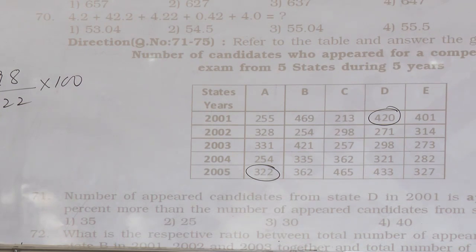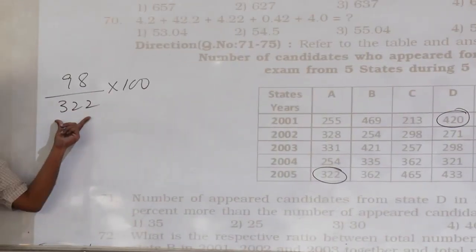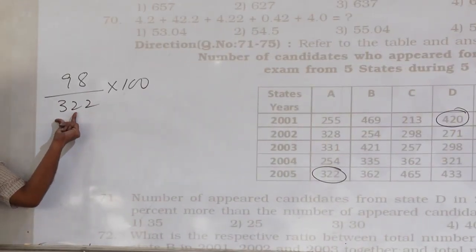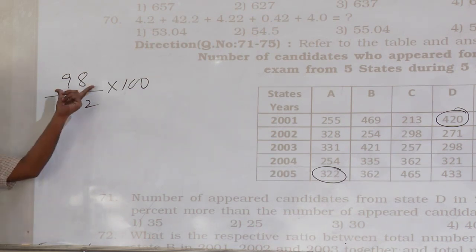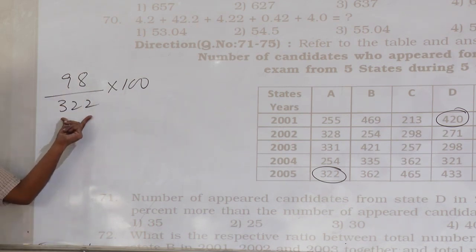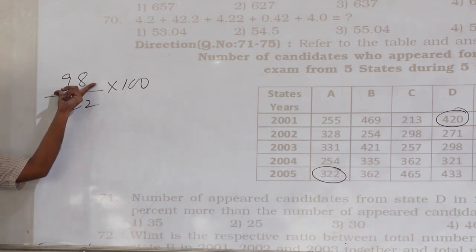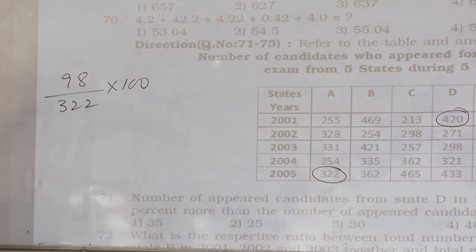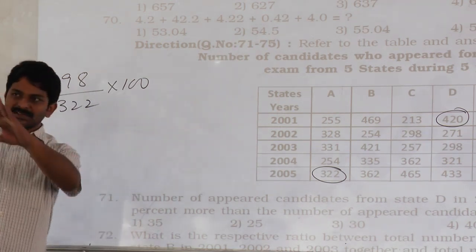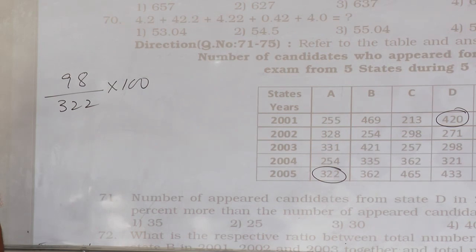So into 100. 10% of the denominator is 32.2. Don't go for the exact value. Near about 30. How many 30s are there? 3. This is more than 90. Is it approximate or not? Answer 30%.